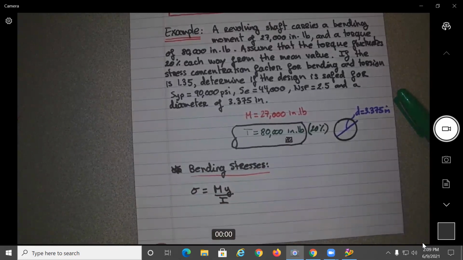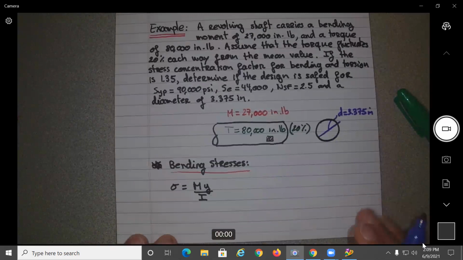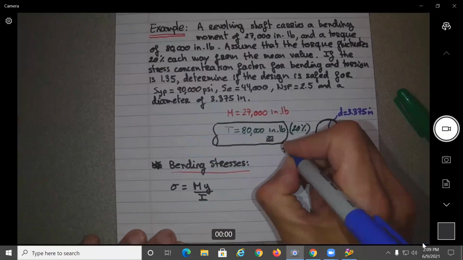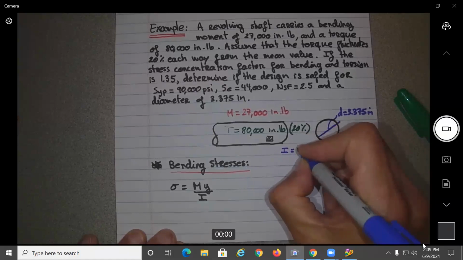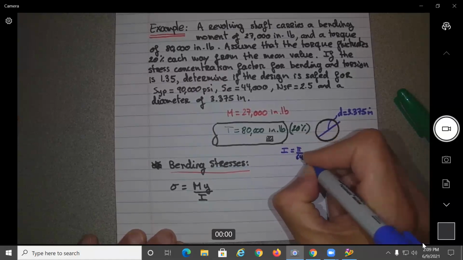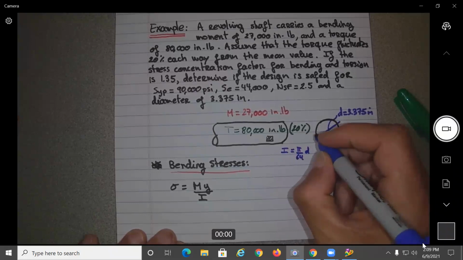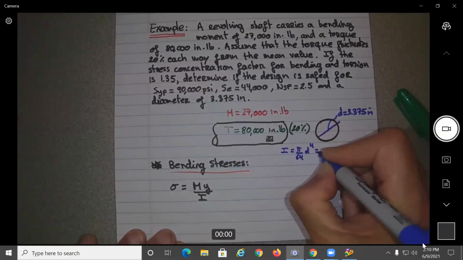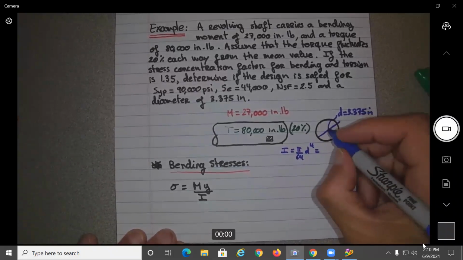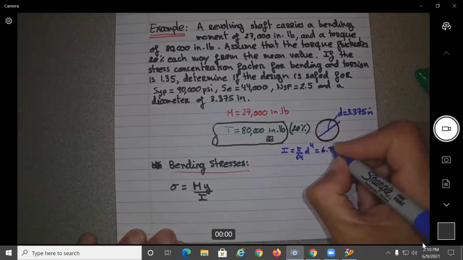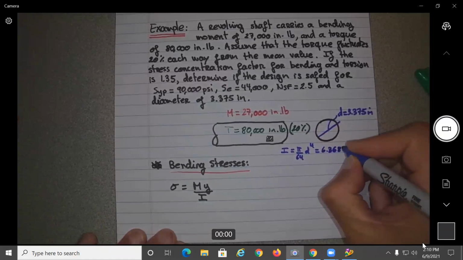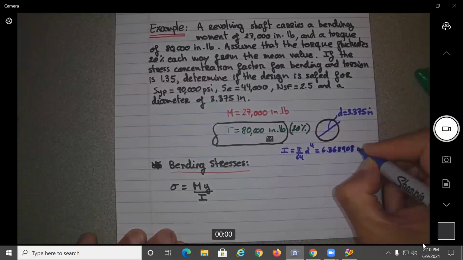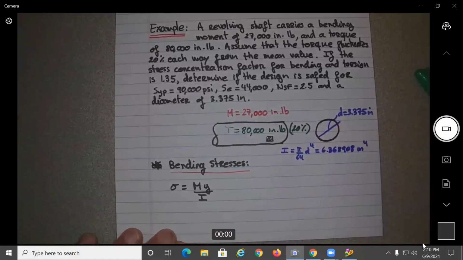So let me give you those values. Sorry for that, maybe I should have put it here. So the I over here is equal to pi divided by 64 diameter to the 4. And if I didn't do a mistake, this is equal to 6.3688908 inches to the 4th.